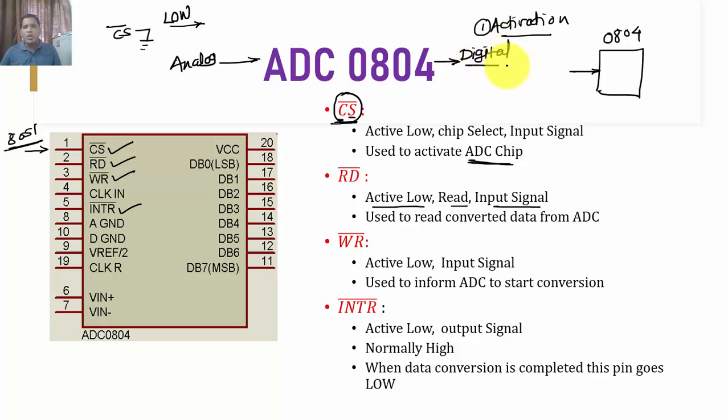Whenever you want to read the digital data from this 0804, we have to activate this RD bar signal, right? This is also an active low input signal, and it is also given from the 8051 microcontroller, right?